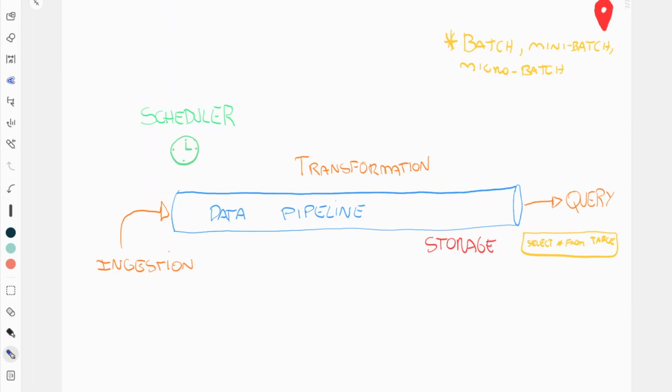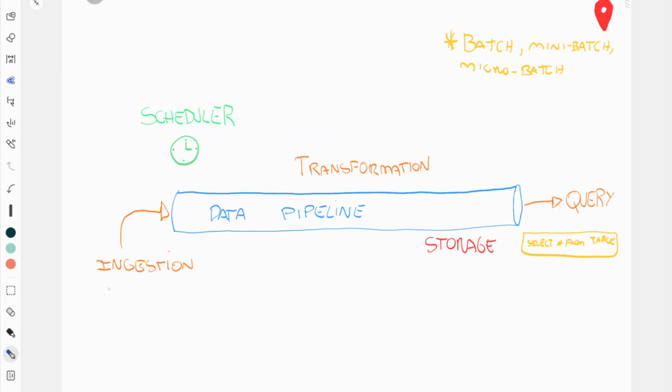But we're not focusing on streaming because it's just in specific cases you should use streaming, as it's quite expensive and may require some more maintenance than batch pipelines. I would suggest you look into batch, mini batch, or micro batch.